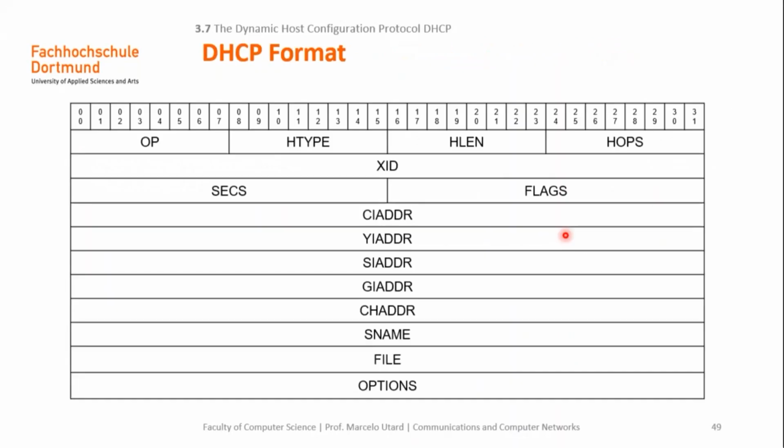This is typically the format of the DHCP message. Remember, this DHCP message is encapsulated in the payload of the UDP datagram. And then there are several fields.